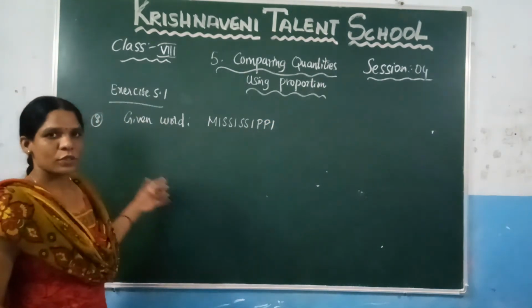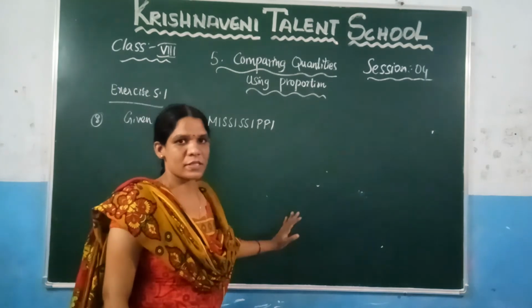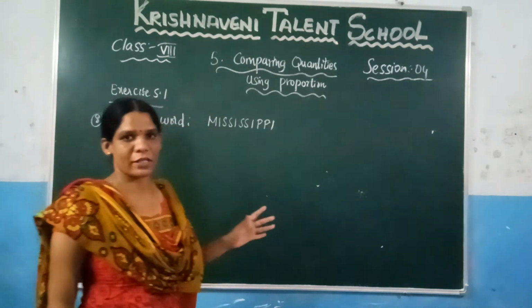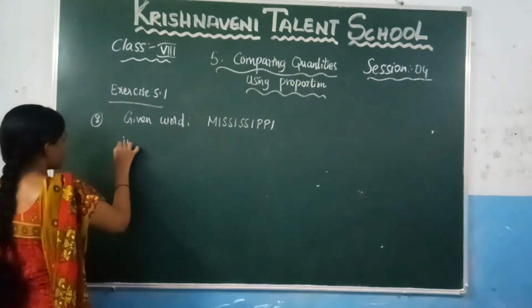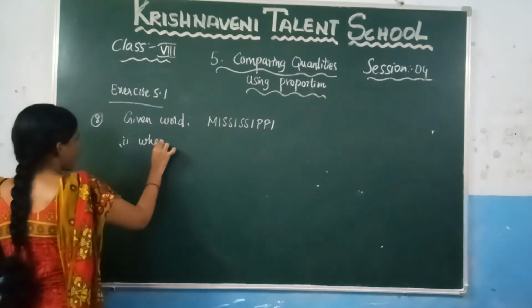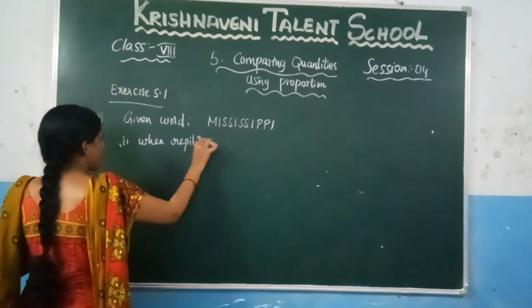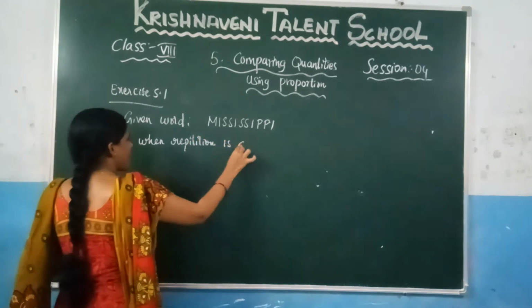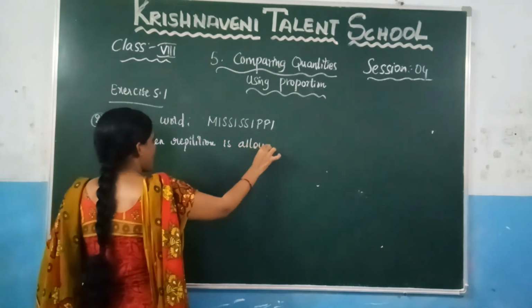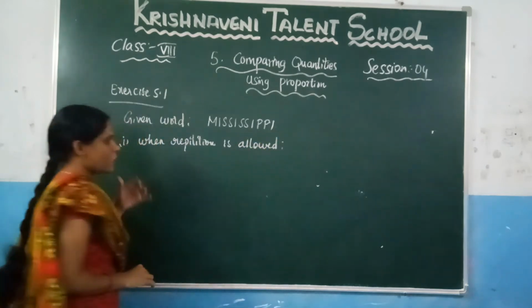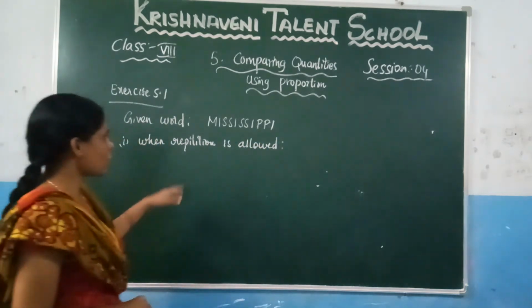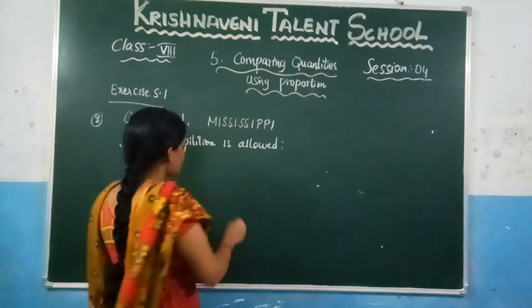Here 2 conditions are there: when the repetition is allowed and when the repetition is not allowed. So let us take the first one. When the repetition is allowed, what is the ratio here? How many times is the I repeated, which is 4 times.